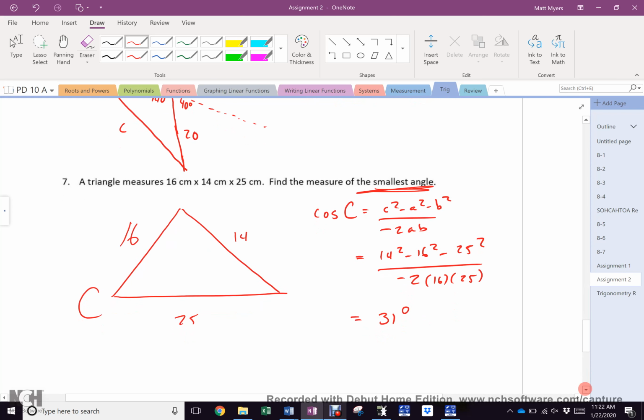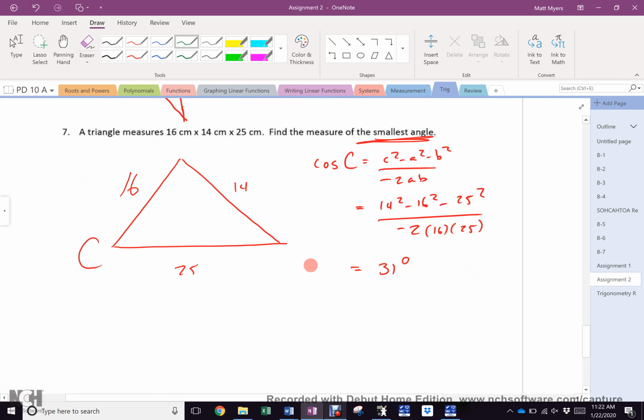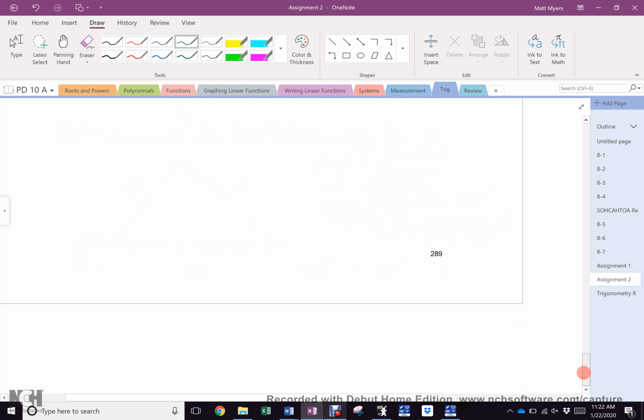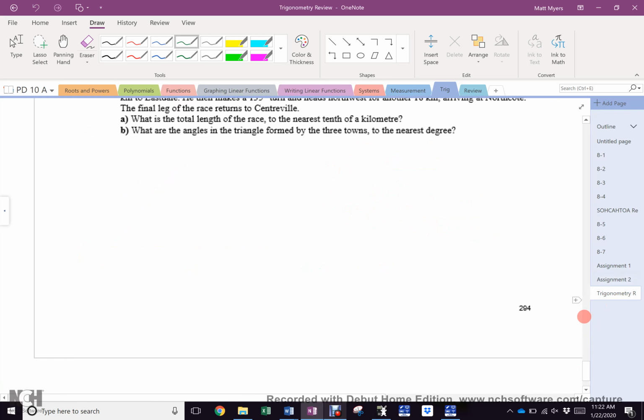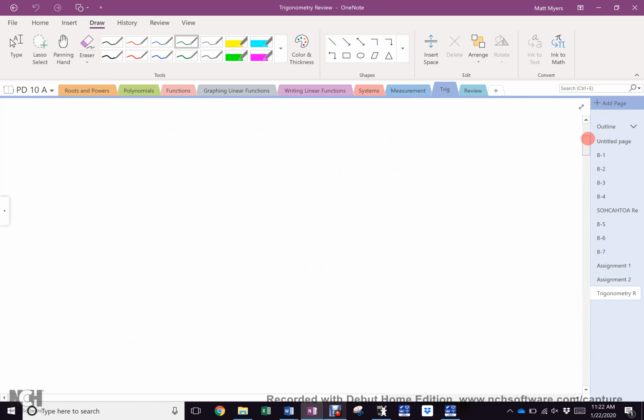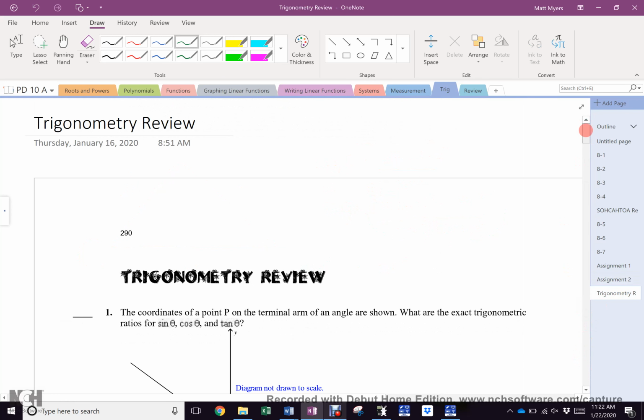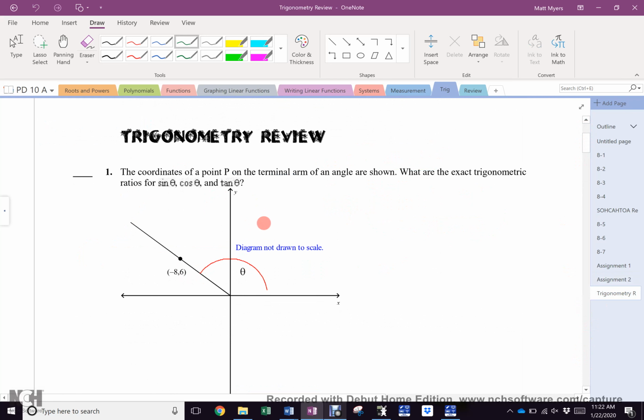Degrees. Because at the end, of course, you need to shift cos, because this is getting you cosine C. And lastly, we'll go through this review. Those are my coordinates, so that is negative 8, that is 6, which makes this 10.